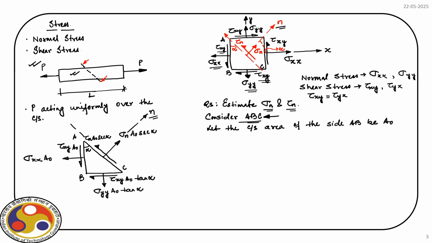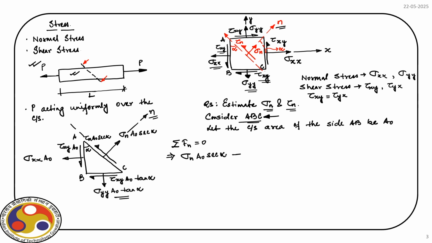So, the first condition let us satisfy. So, all the forces acting along n is equal to 0. So, if that is the condition, let us see what we get. We have the first component sigma n, then A naught sec alpha, then a component of this sigma yy will be acting along n.